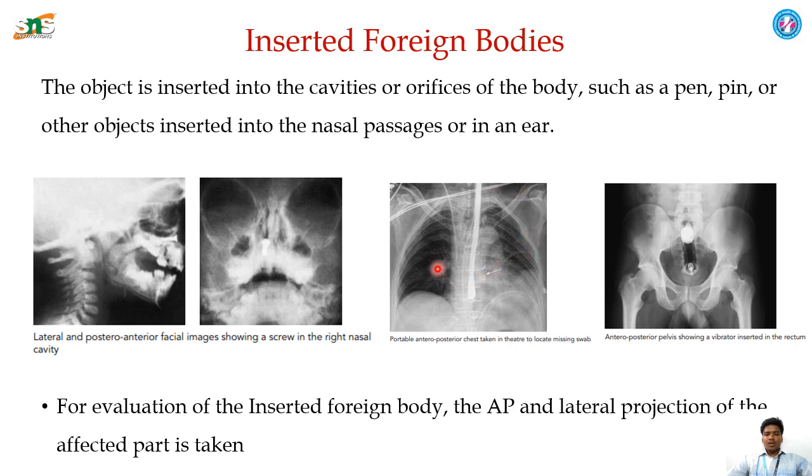The portable anteroposterior chest taken in theater to locate the missing swabs. The anteroposterior of the pelvis showing a vibrator inserted into the rectum. For evaluation of the inserted foreign bodies, the AP and lateral projections of the affected part are taken.